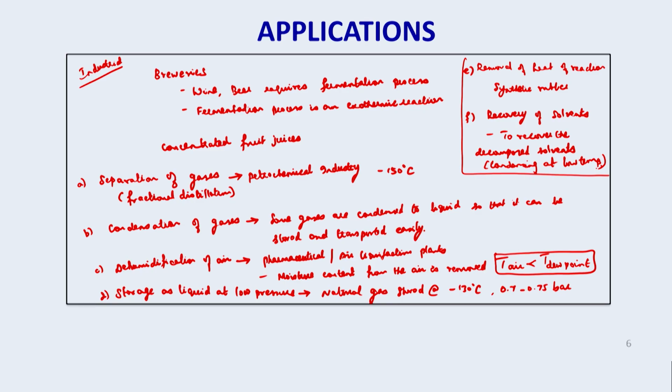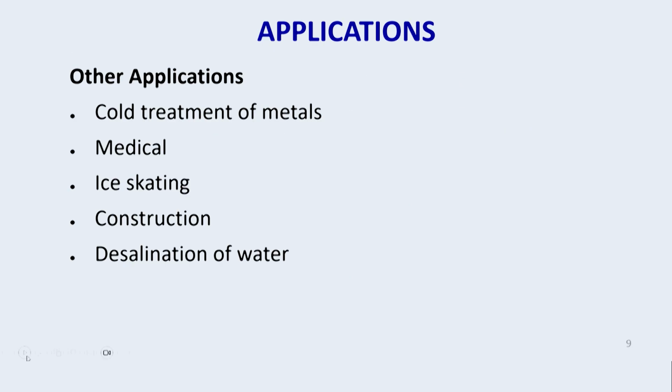To recover the decomposed solvents, let me write this: by condensing at low temperature. An example is acetone during film manufacturing. Acetone is one example. Then CCl4 in the textile industry are some of the examples. Let us move to the other applications.